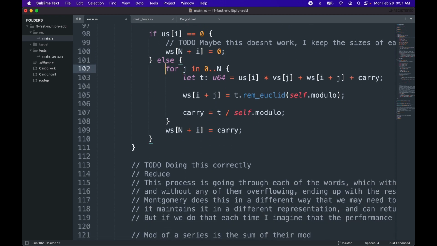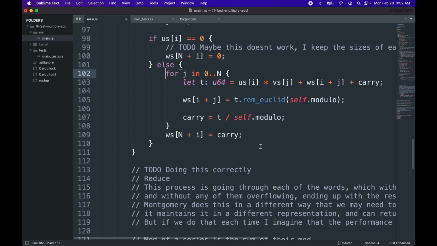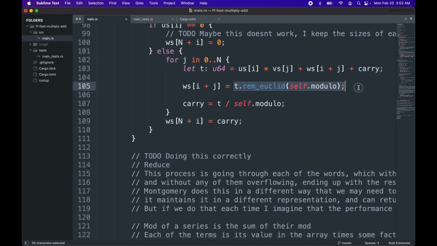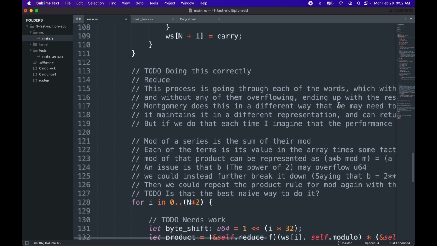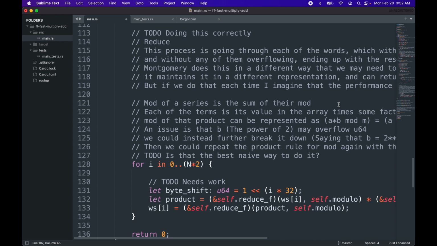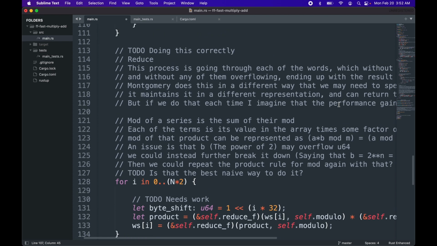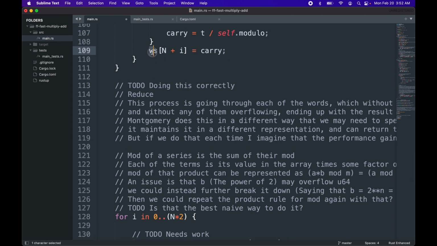And then for that word, we look at each of the words in the second one. Again, this is how you do modulo. This is pretty understandable and has been seen before. So this is one of the areas where I didn't finish and is difficult to do, so I'll try to explain what's happening instead. So after you have your resulting word, ws, this array of words, right?